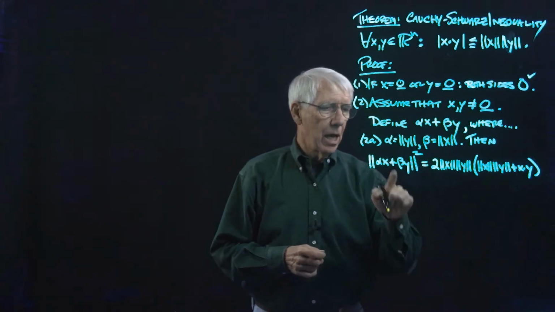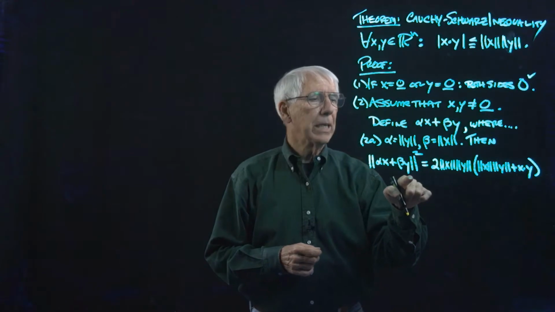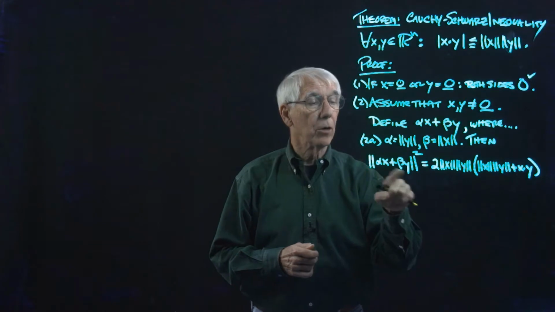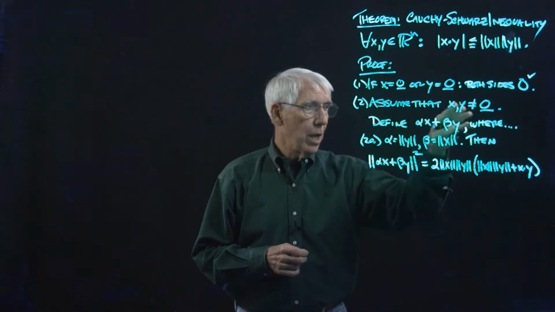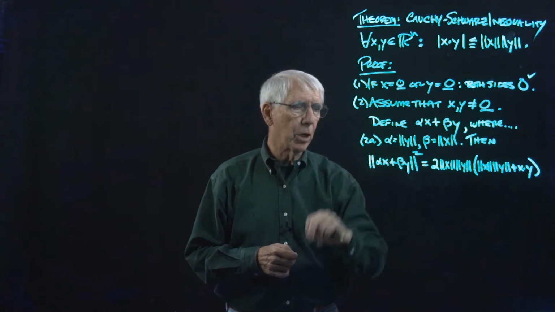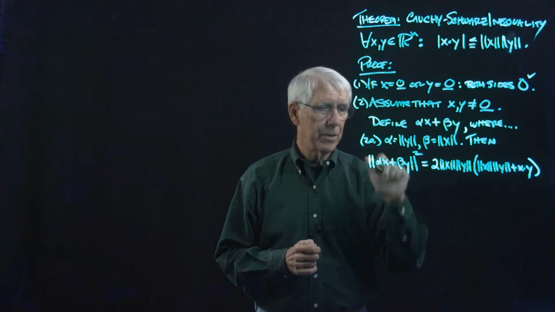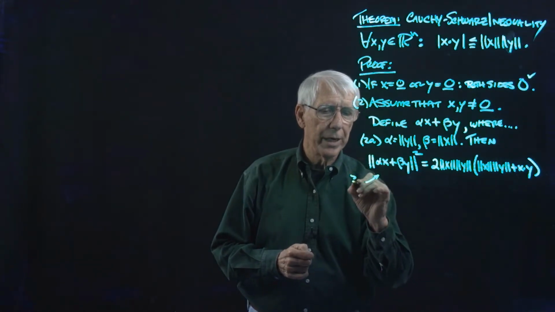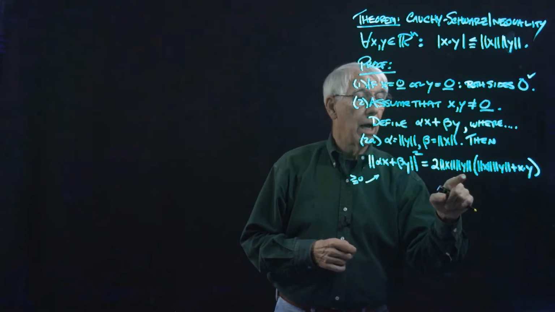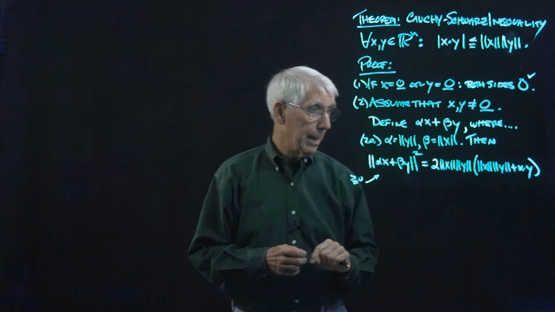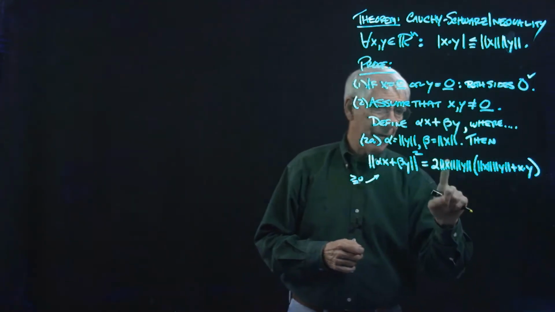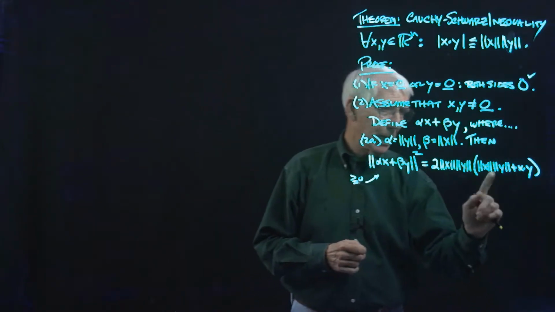And of course, this side is certainly not negative because it's something squared. And actually it could be 0 because we could have x and y both not the 0 vector, but the alpha and the beta could make these 0. So this is non-negative, this is greater than or equal to 0. Now these are strictly greater than 0 because x and y are both not the 0 vector. So I have strictly positive, strictly positive, strictly positive.